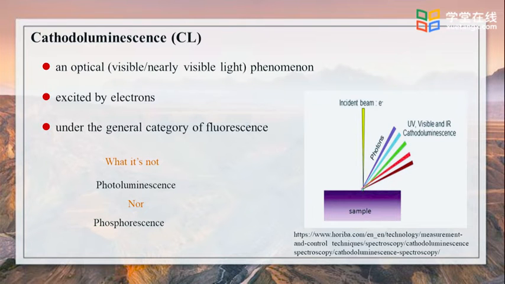Bombarding the surface of a material with some particle or radiation may produce the emission of electromagnetic radiation. This emission can be in a wide spectral range, including the visible range, ultraviolet, and infrared. This general phenomenon is known as luminescence.